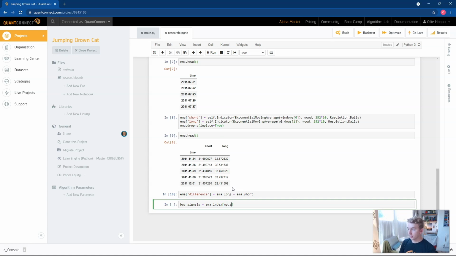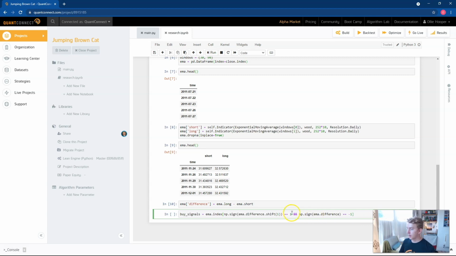We're going to take the sign, so numpy.sign of EMA.difference, and then shift it backwards to get yesterday by 1 day. So if that sign is positive, and then today the sign of EMA.difference is negative, we then now know that that is a buy signal.